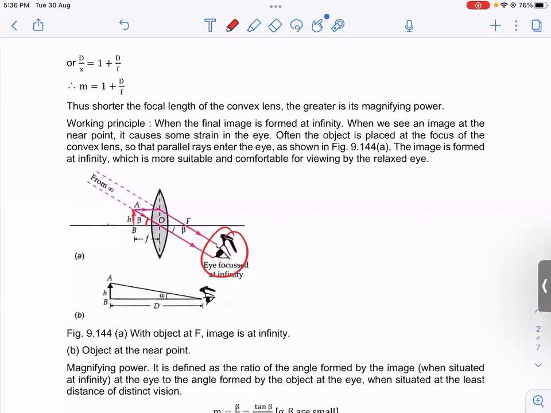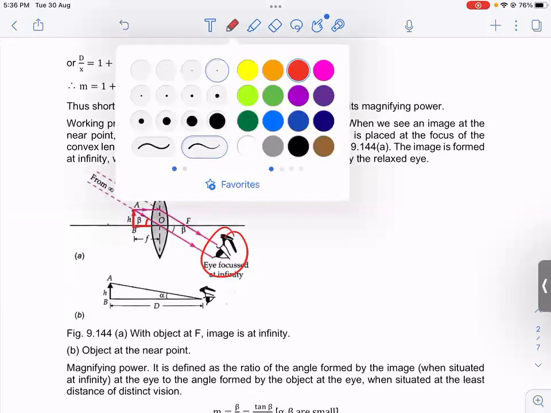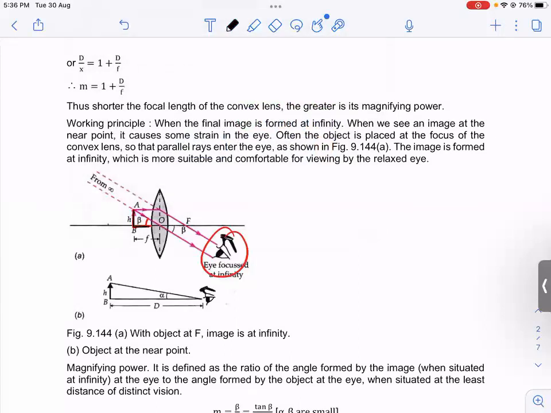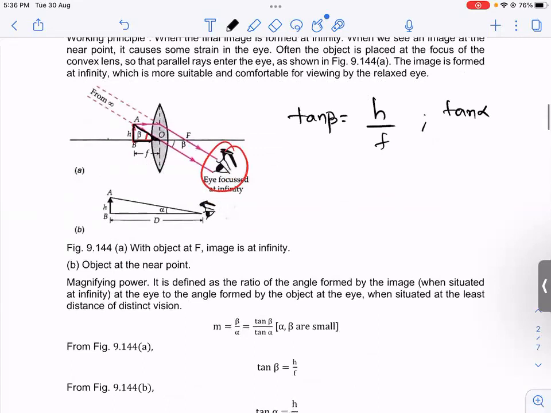If I take this right angle triangle, what is tan beta? H by F. What is tan alpha? I told you, wherever you need alpha, you need to look at the object without the help of an optical instrument.